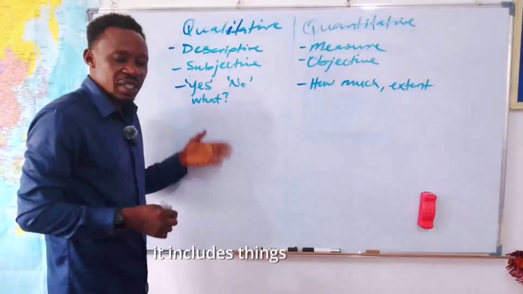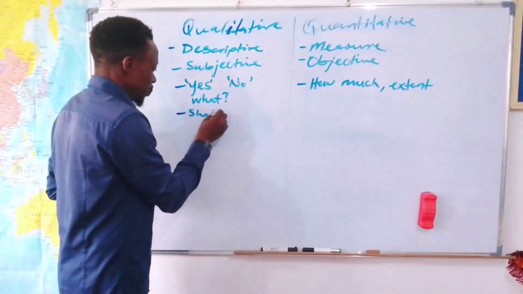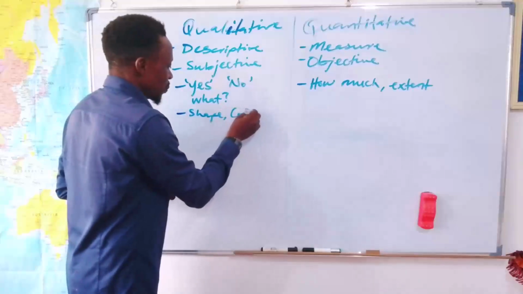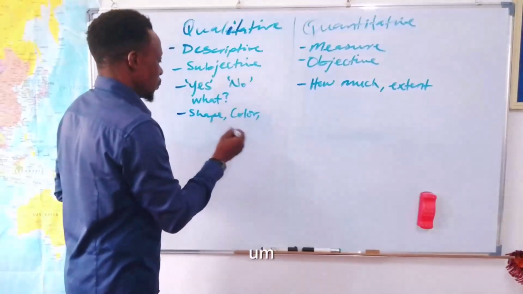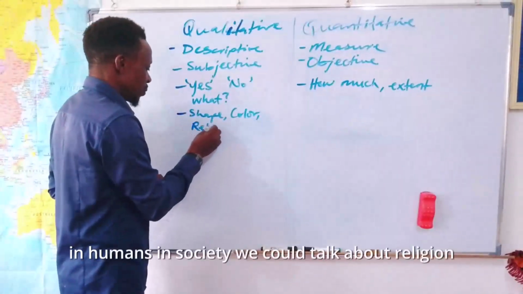It includes things like shape, color. In humans, in society, we could talk about religion.